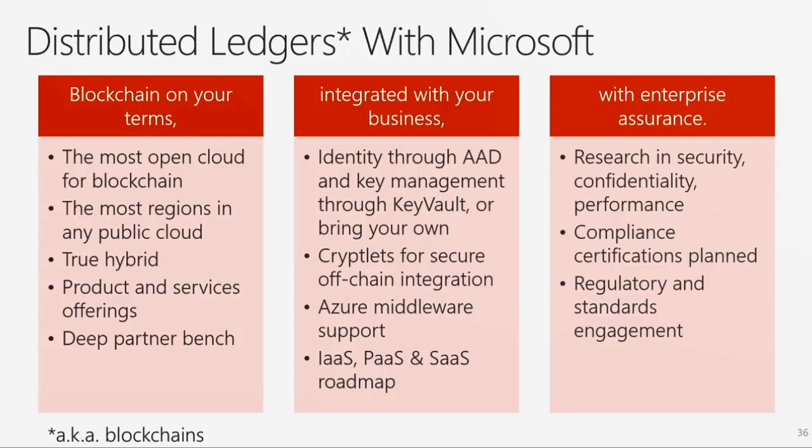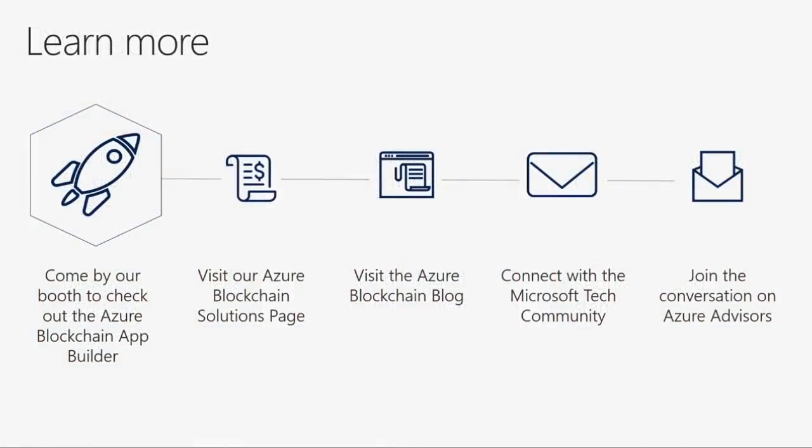We provide the middleware, the secure compute for shared resolution of the truth via cryptlets and enterprise smart contracts. And then having the enterprise assurance, checking all the boxes with regulators, working with compliance certifications to make sure that if you build applications on Microsoft's blockchain platform, you're ready for prime time.